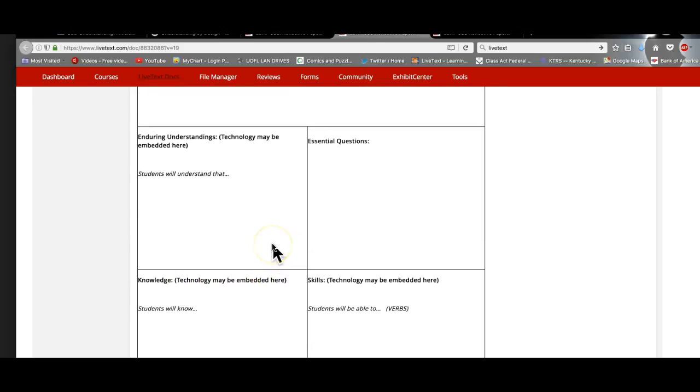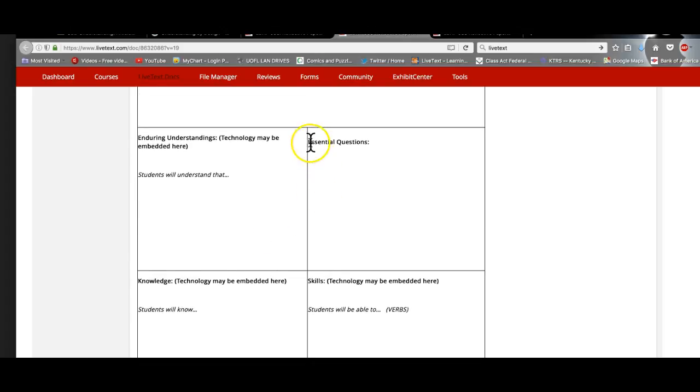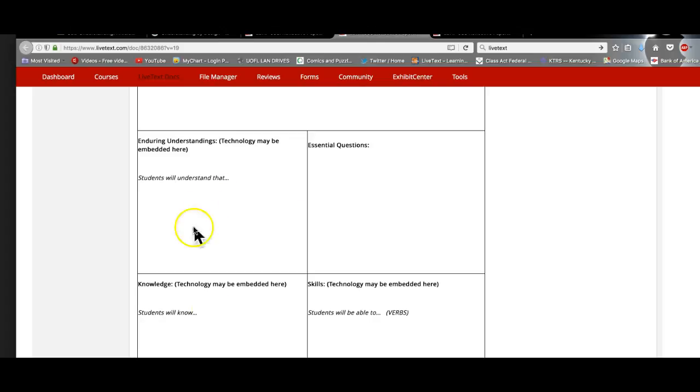Notice in all of these boxes, may be embedded here. Technology is identified, but may is also the key word. Up here is essential question. Notice I went through this first before I even touched this. Because what I want to do here is I want to have very clear how the essential question then fits with all of this.